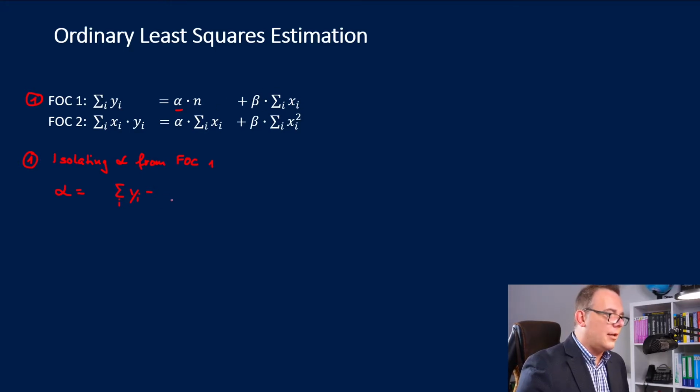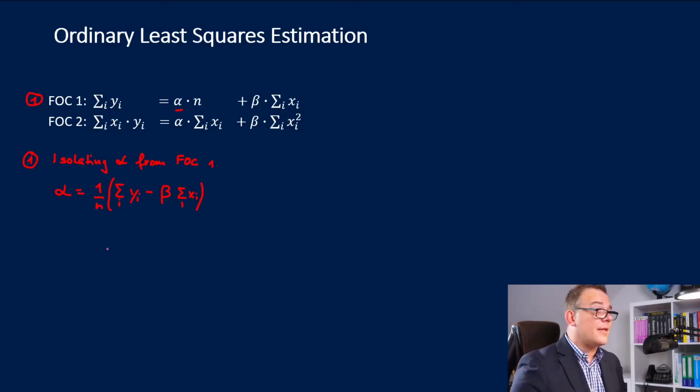Accordingly, I have a minus beta times the sum across all i xi, and we have to divide by n, so I use brackets and divide by n. So this is the first step, and the second step is self-explaining.